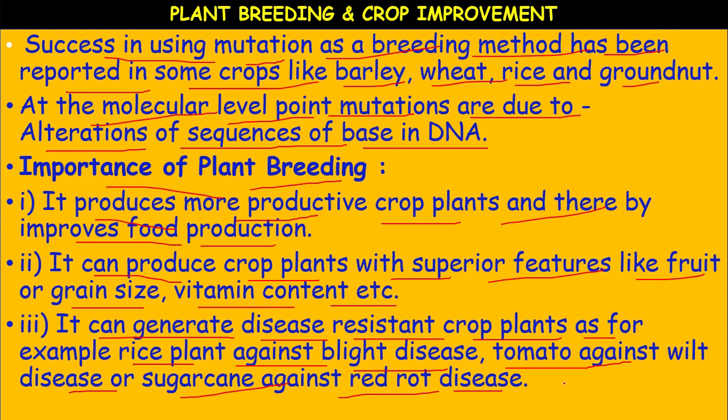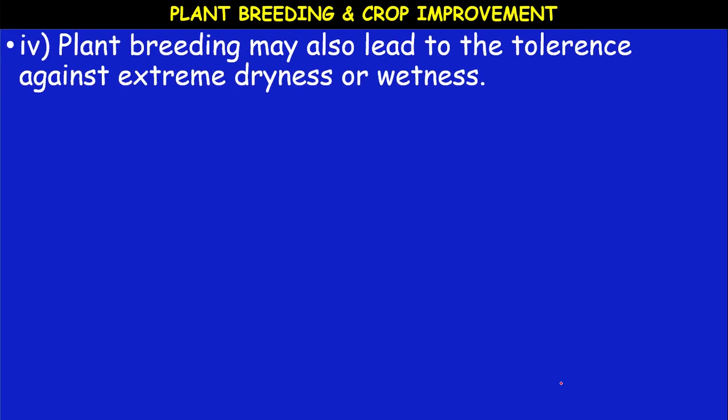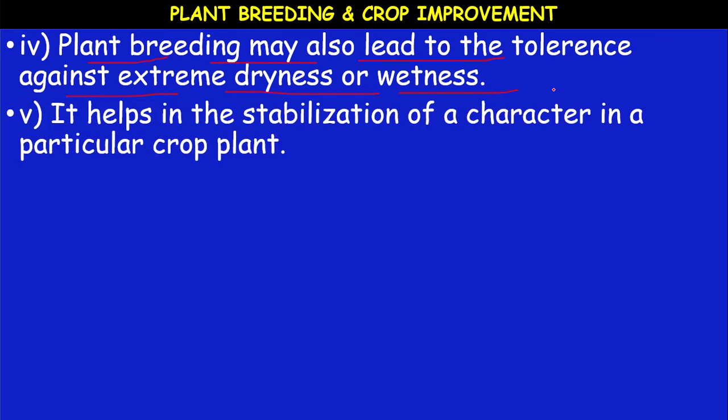So the plants with resistant genes or disease resistant varieties can be produced by using plant breeding techniques. We discussed that in the beginning. Another advantage, plant breeding may also lead to tolerance against extreme dryness or wetness, meaning drought resistant varieties can be produced.